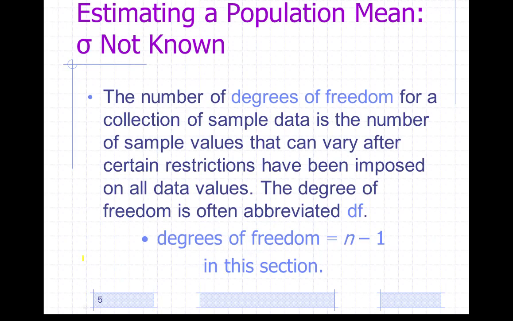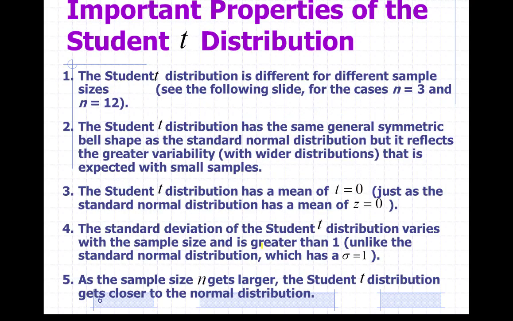Because every distribution for the number in our sample is different, we deal with degrees of freedom. And so for this section, degrees of freedom will be n-1. So you can read about this. The t-distribution is different for each sample size. It has the same general bell shape as the normal distribution, but it's got more area out in the tails.